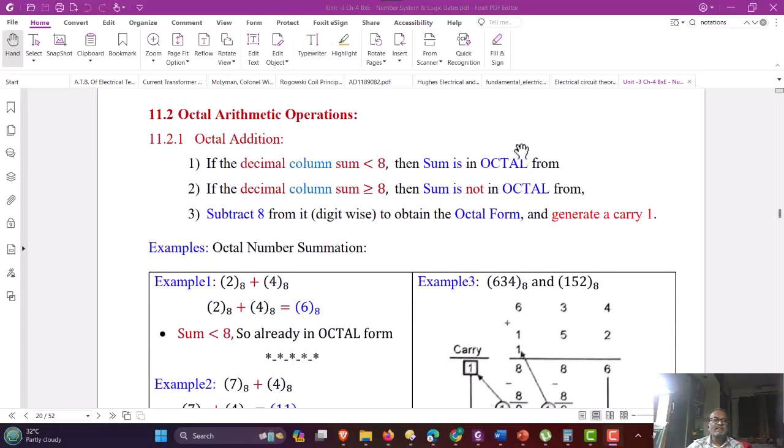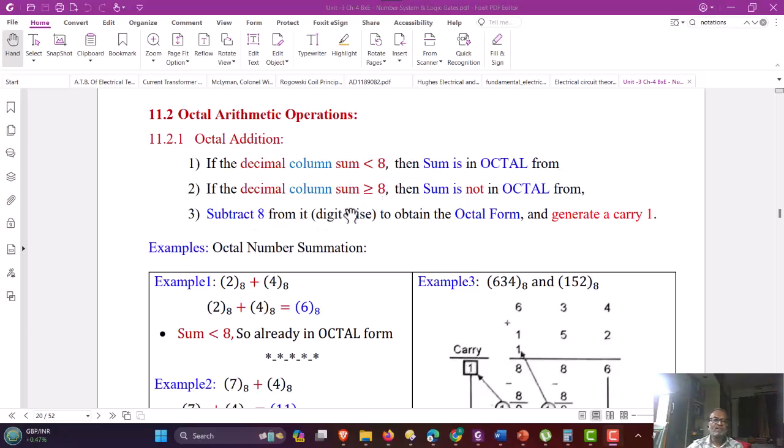Now we will see the next system arithmetic operation, say octal arithmetic addition. Some thumb rules can be remembered. These are the summary of the operation. If the decimal column sum is less than 8, then the sum will be in the octal form.